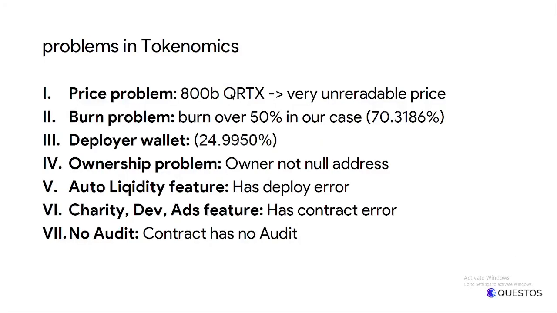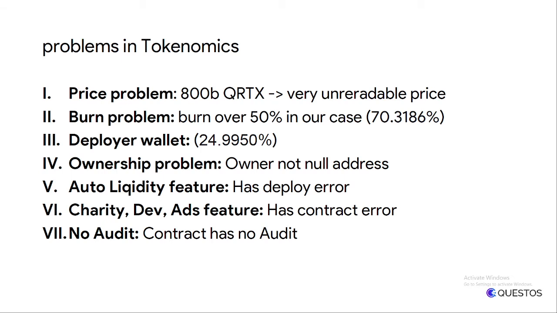So let's talk about the problems, and then we can look at the solutions. First of all, the 800 billion QTRX. The problem with this is that these are very unreadable prices because of all the zeros, and it really looks like a shitcoin because it has that many tokens.